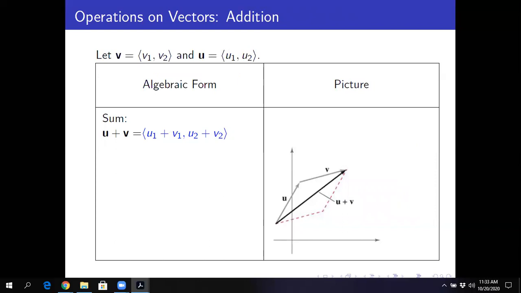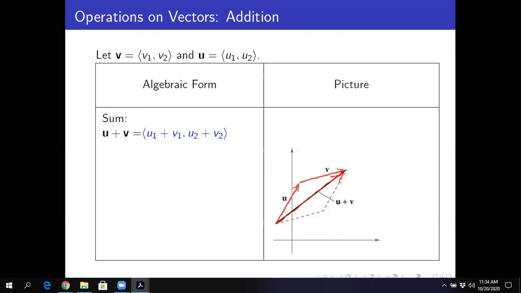You would have to add the y coordinates together. What's happening here is I'm taking the vector u and the vector v and stacking them end to end. And the u plus v vector is just going to be the third side of that triangle, because you've combined the x and y displacements of both u and v.